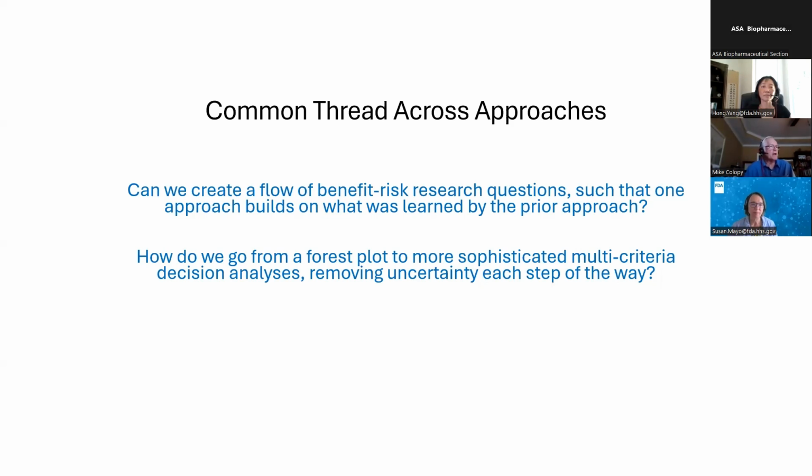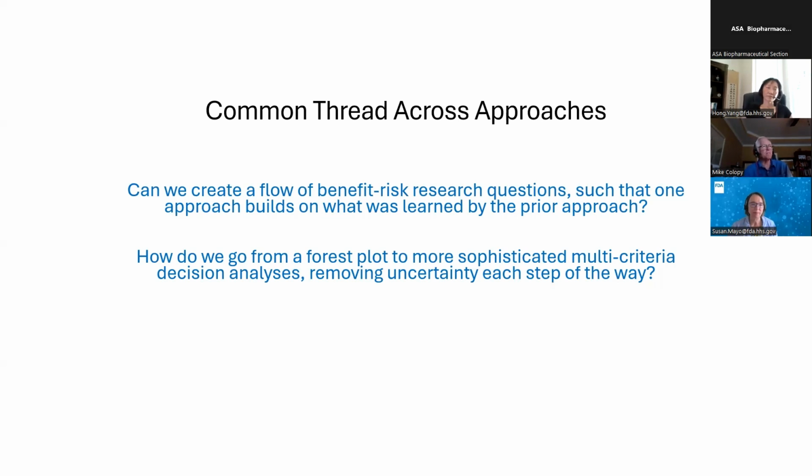And then how do we go from a forest plot to more sophisticated multi-criteria decision analysis, removing uncertainty each step of the way? So you saw Martin start with the forest plot, and you saw Danae end with the PMCDA. And the question is, can we go through steps from one to the last? You certainly wouldn't want to jump from a forest plot to PMCDA.